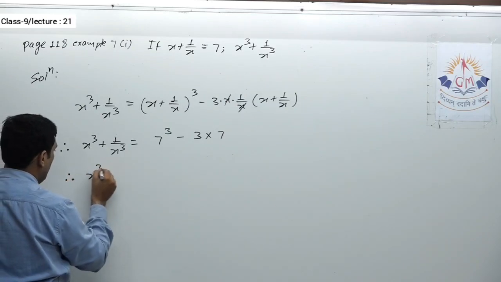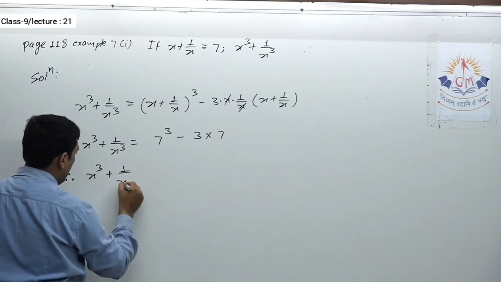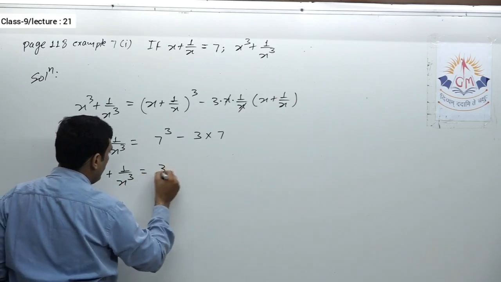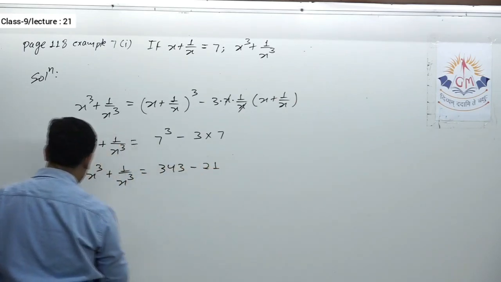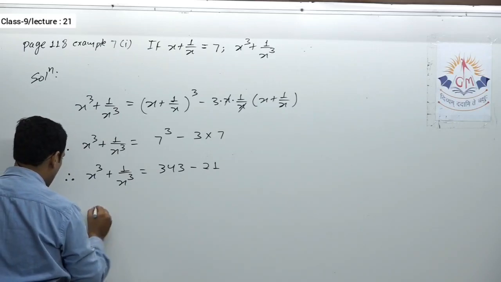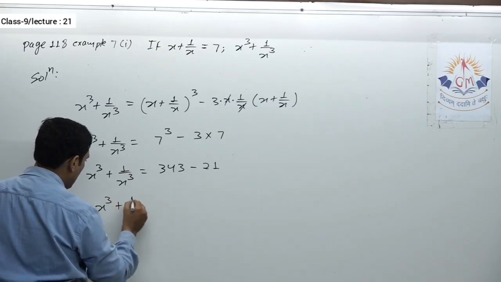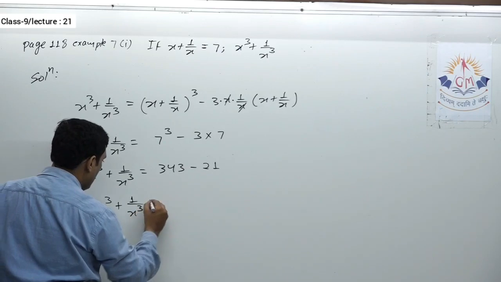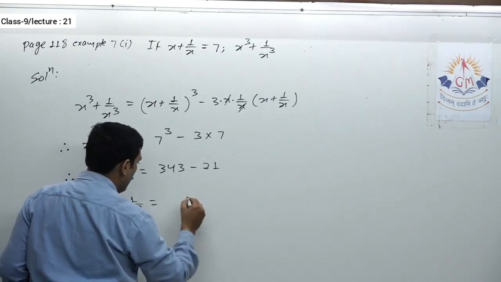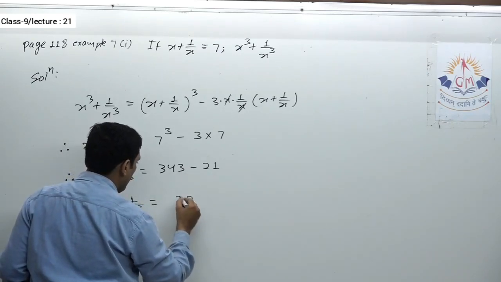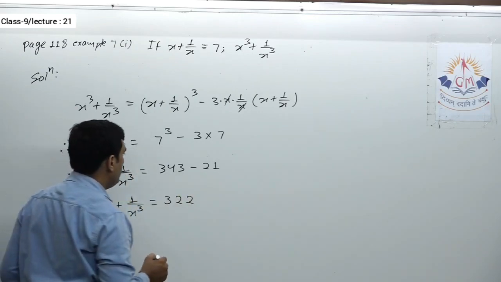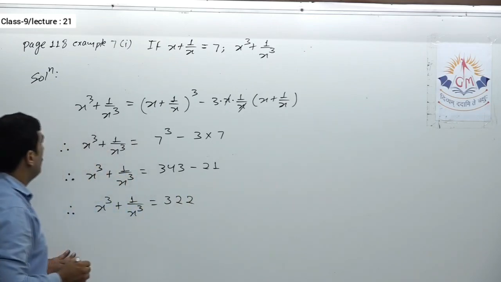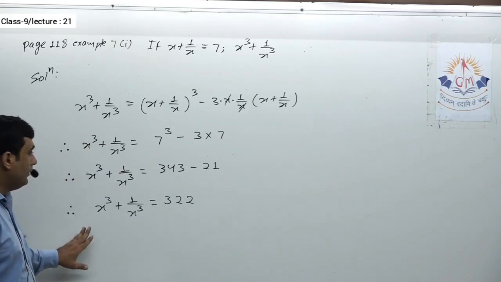So x cube plus 1 upon x cube is equal to 7 cube, which is 343, minus 21. So ultimately my final answer is x cube plus 1 upon x cube is equal to 322. Okay, so please note it down.